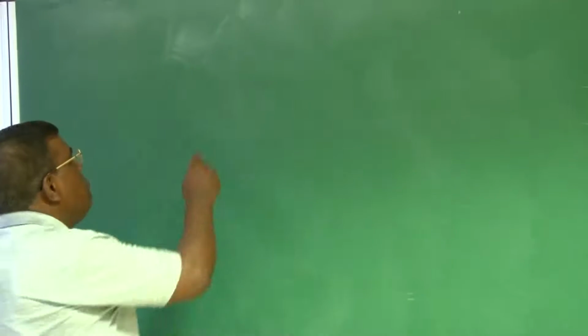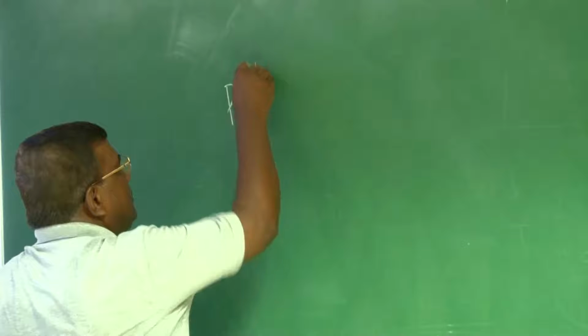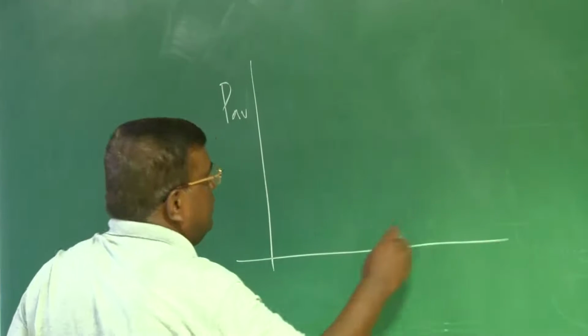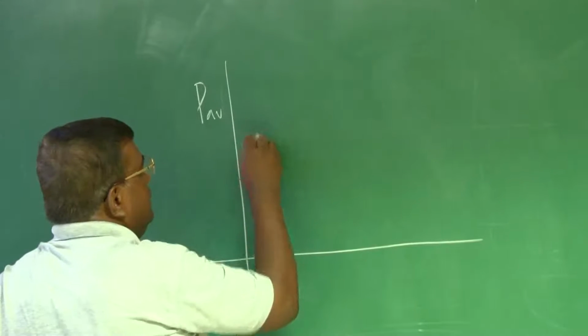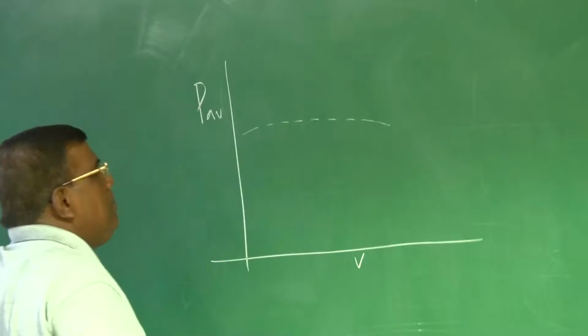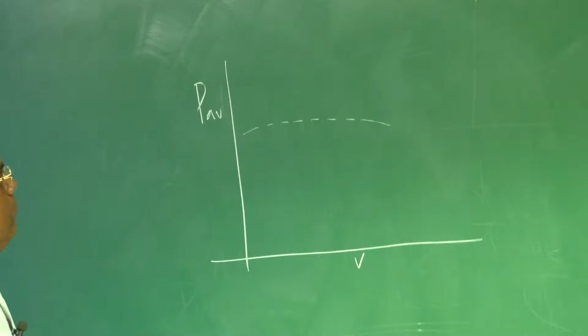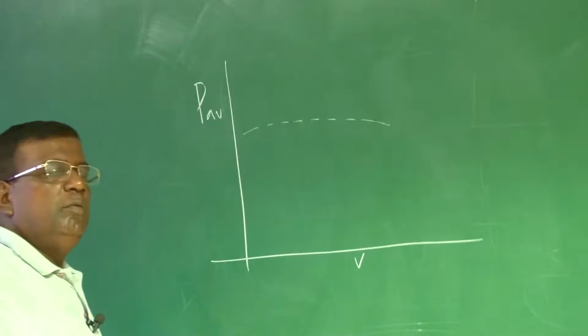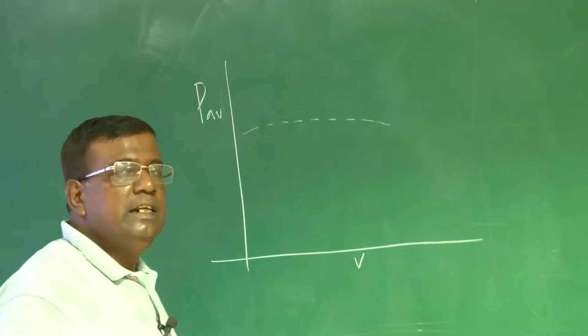Typically, power available for a propeller-driven engine remains almost constant with speed. Of course, for a propeller, you have to ensure that the tip speed condition is met.